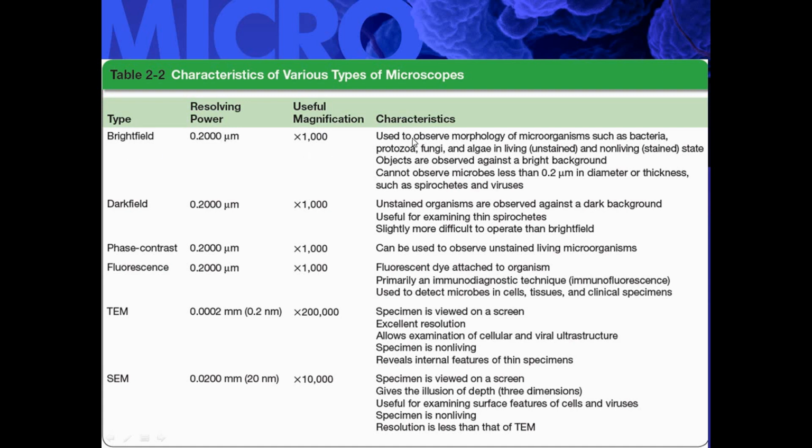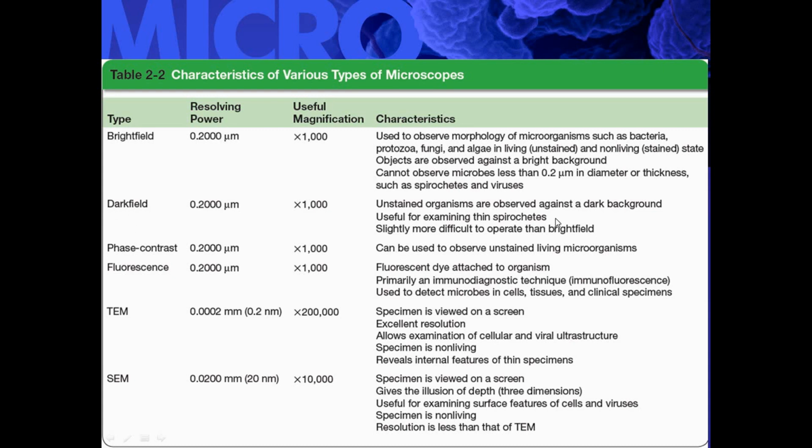Bright field is used to observe the morphology of microorganisms such as bacteria, protozoa, fungi, and algae in the living, unstained, and non-living, stained states. Objects are observed against a bright background and it cannot observe microbes smaller than 0.2 micrometer in diameter or thickness, such as spirochetes and viruses.